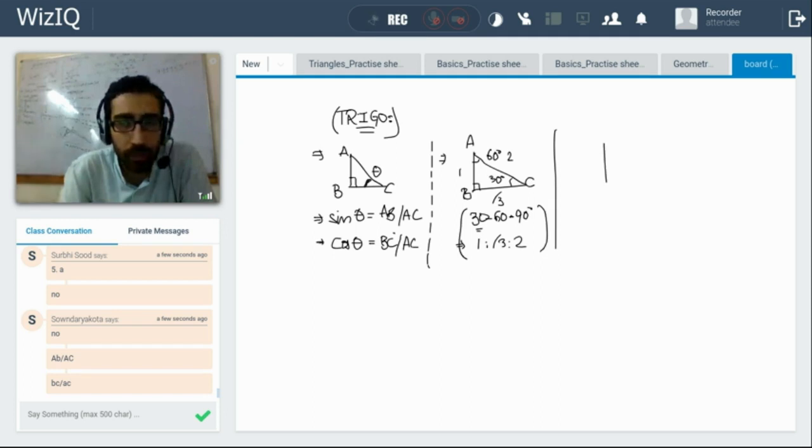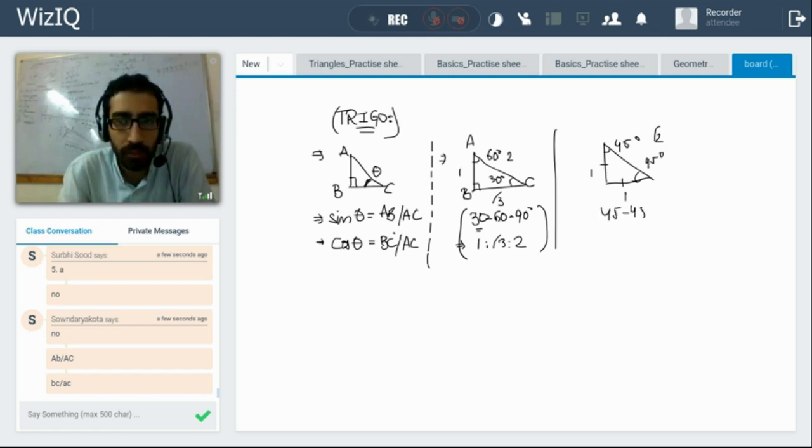And the 45, 45, 90 triangle, the only other triangle of note, is as you know, of course, 45 degrees and 45 degrees, the sides opposite will be equal. The ratio of sides here is 1 is to 1 is to √2.